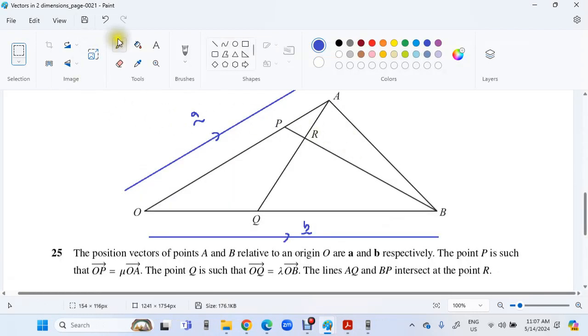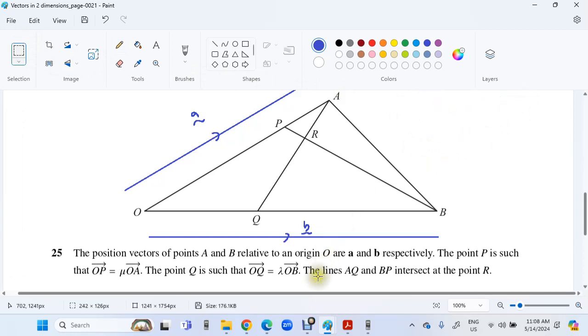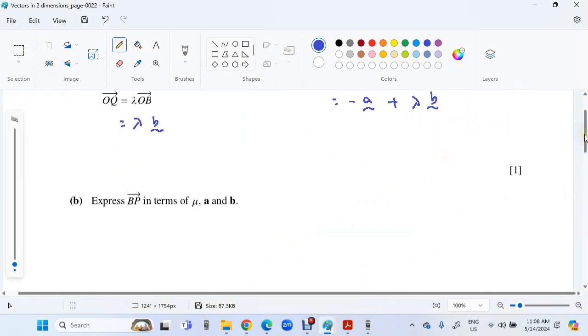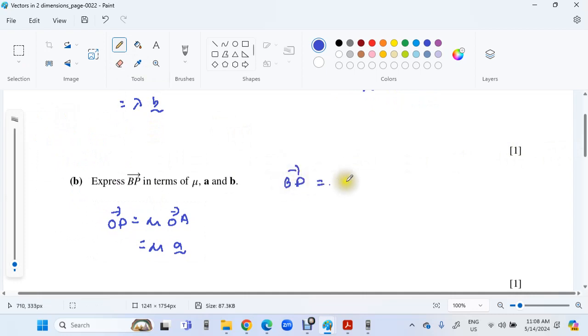We have OP is mu of OA, so it will be mu A. So BP will be BO plus OP. BO is negative B, plus mu A. So this will be mu A minus B.